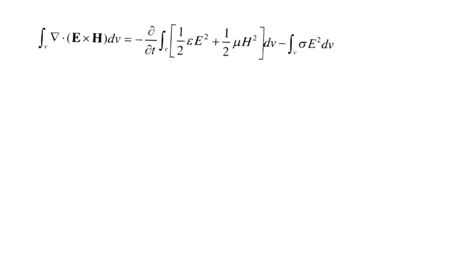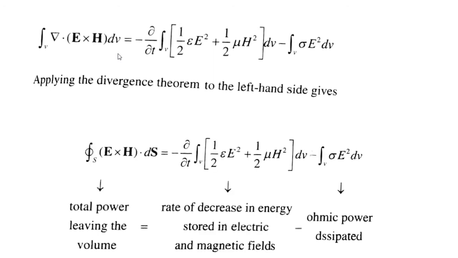Then on applying the divergence theorem, you could convert this part to a surface integral. So this is the final format of Poynting's theorem, that is, the surface integral of E cross H dot ds is equal to minus dou by dou t of the volume integral of half epsilon E square plus half mu H square.